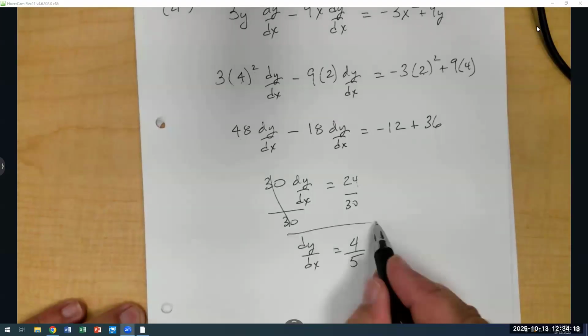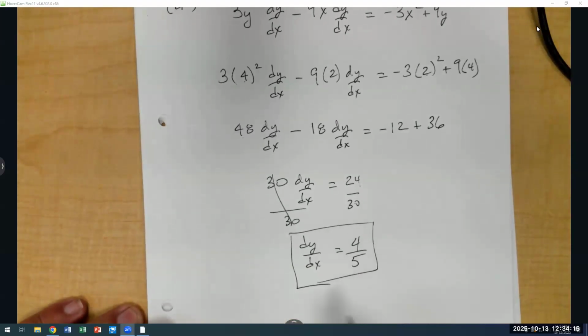So what does this number find for us? Not that number. What does this number find for us? The tangent at 2, 4. Almost. It doesn't find me the tangent.